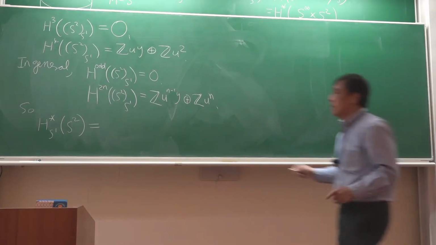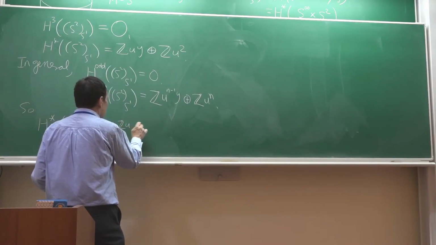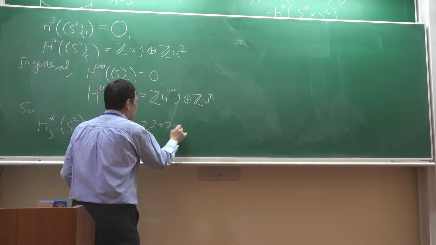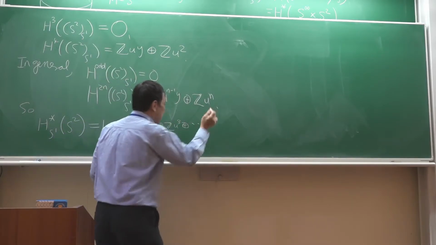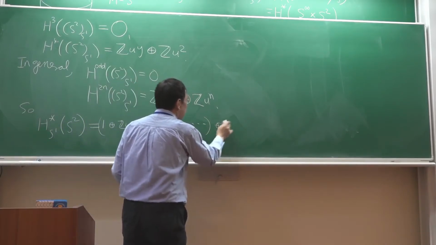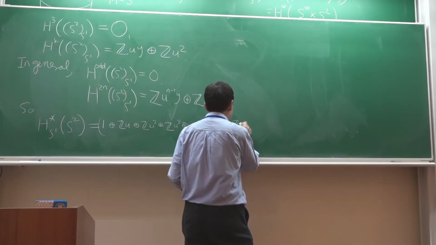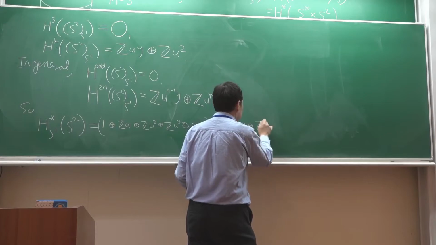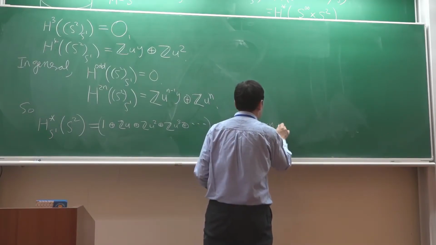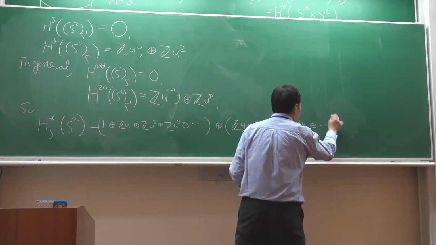So you have 1, and then ZU squared, ZU cubed, and okay, and then you have the ones with y, so you have ZY, ZUY, ZU squared y. Okay?